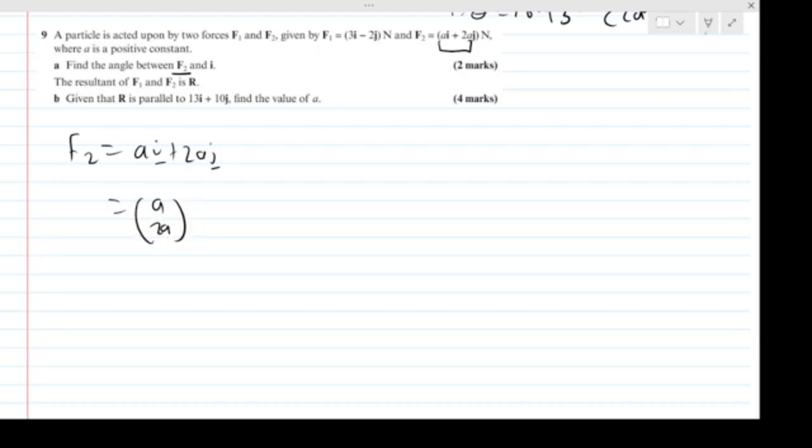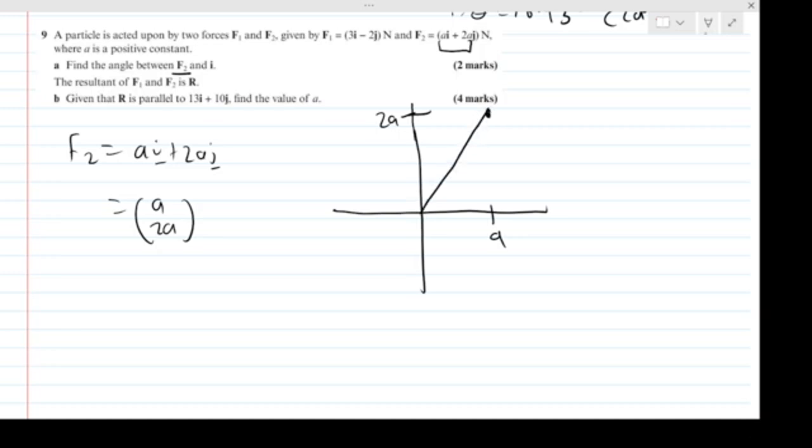Now, if I was to plot that on some sort of XY grid, the vector will look like this. So a would be, say, here, and 2a would probably be all the way up here. Okay, so 2 lots of that. If I then draw my vector, there we are, from the origin. Again, it is definitely in the positive quadrant because a is positive, okay. So it would look like this.